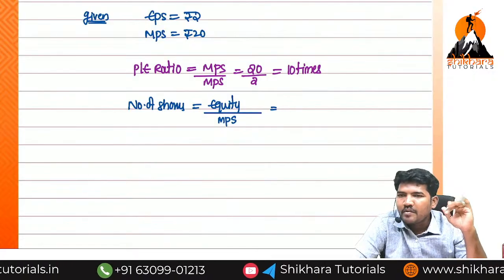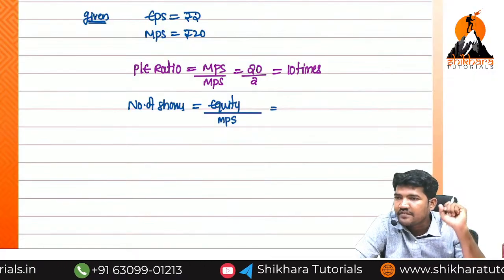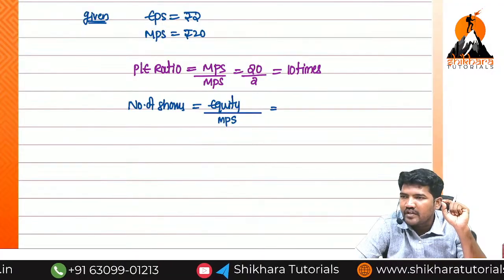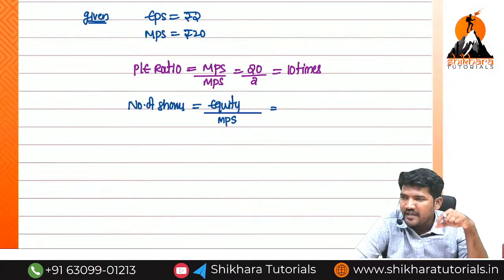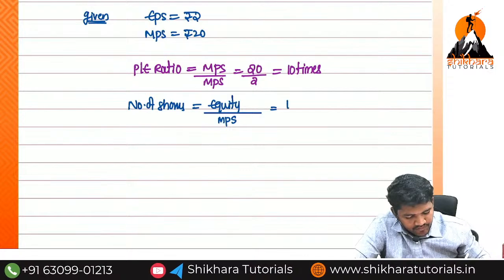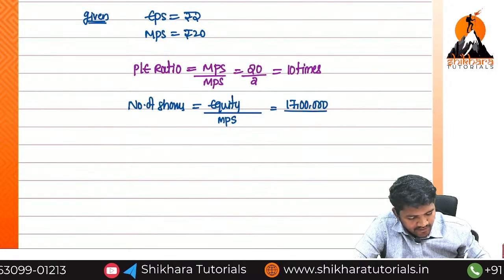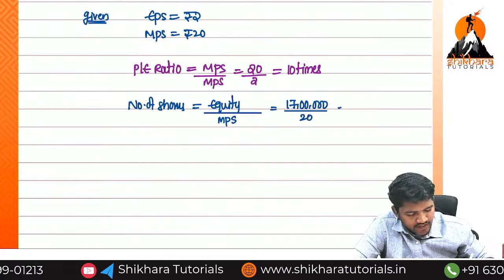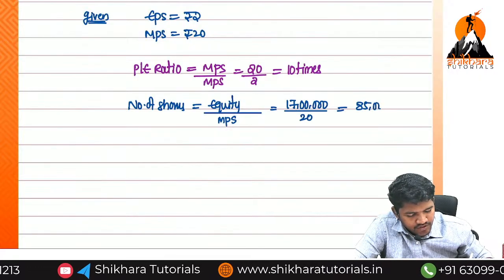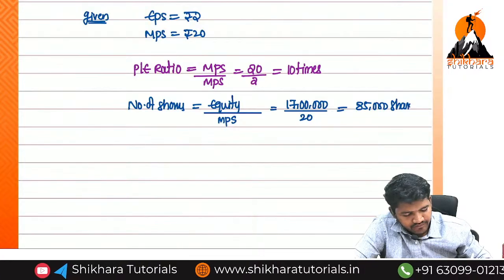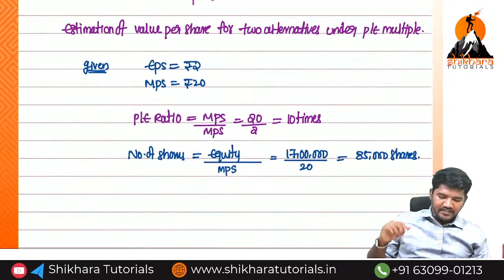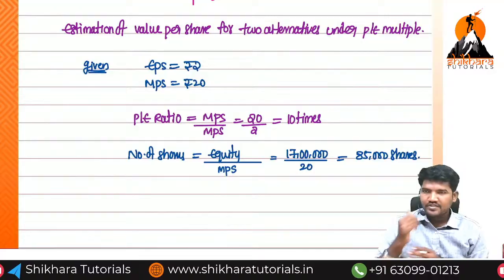The general formula is amount of capital divided by face value. Now what's the equity value? 17 lakhs divided by 20 rupees. You will get 85,000 shares. Based on information, these are the calculation possibilities.